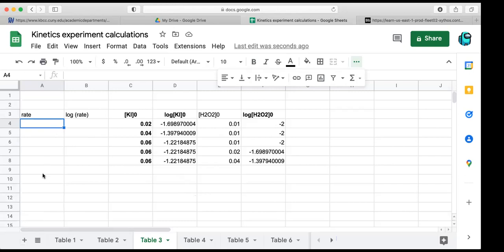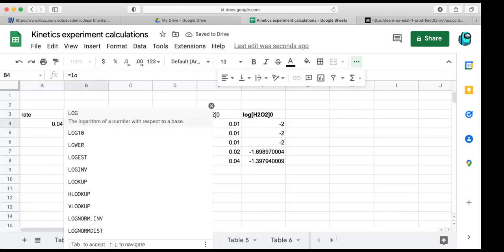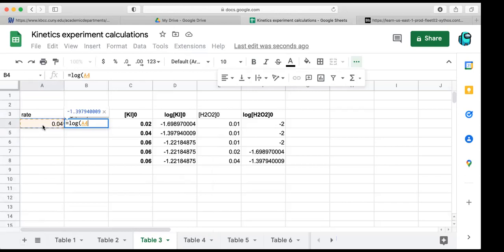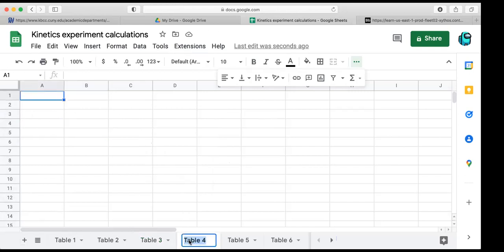In table 3, you're going to figure out the rate. And then you just, let's say the rate here is 0.04. Then you're going to just do the log of that rate. So equal sign LOG. That one. I didn't go through all the calculations in table 3. Let me do this table, and then make this table 4.